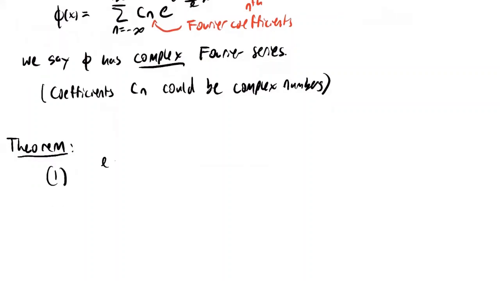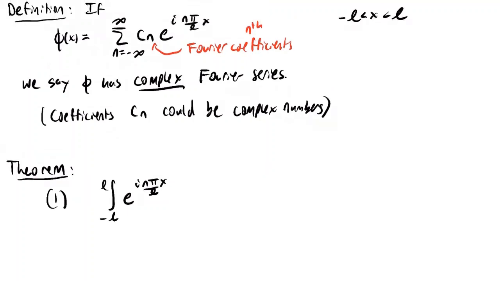If I look at the integral from minus L to L of e to the i n pi x over L, and I integrate that against one of the other complex exponentials, it's going to turn out to be 0. However, because of some technicalities related to working with complex numbers, we want to take the negative. So I'm going to multiply it by e to the minus i m pi over L times x dx.